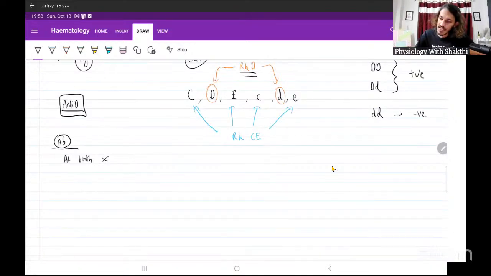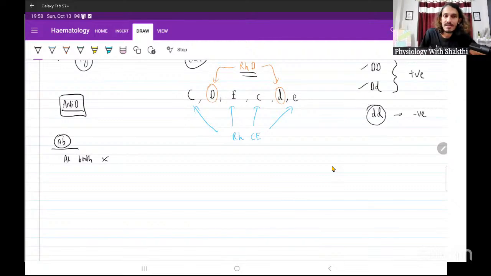So if D is present, they do not have the antibody against it. The second states that if the person is negative, the person will have antibody against it.